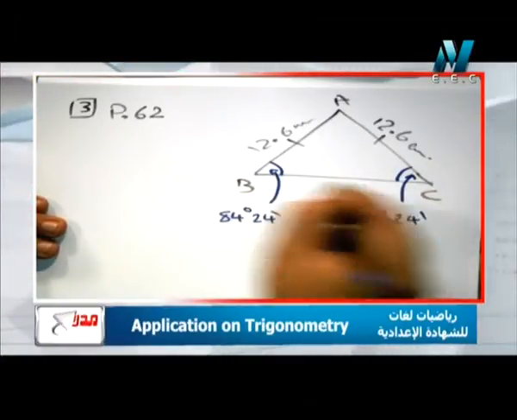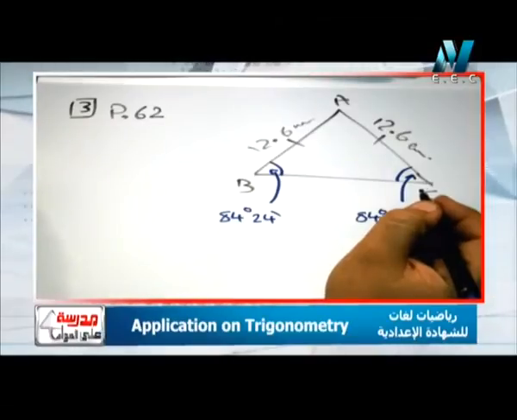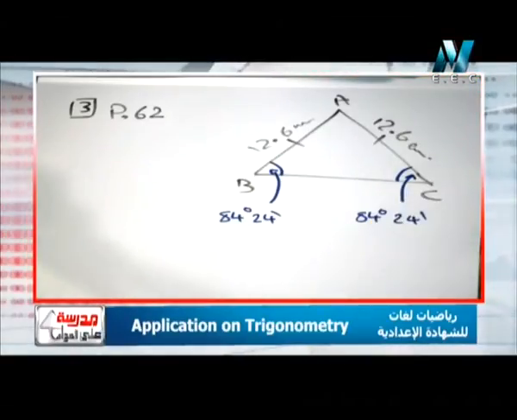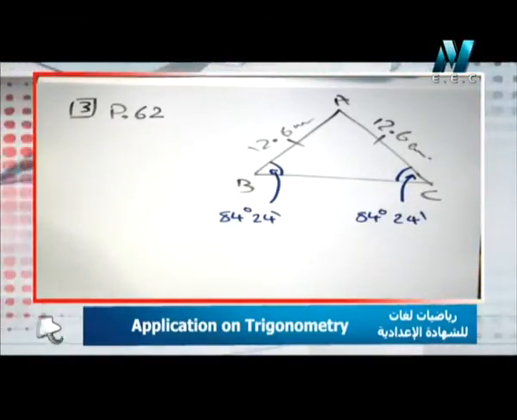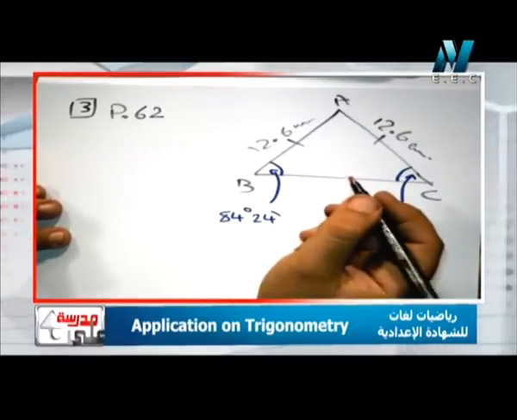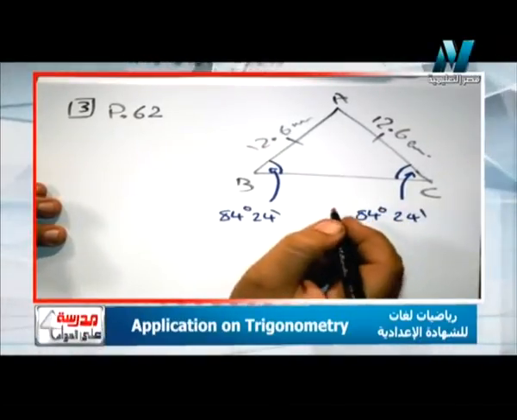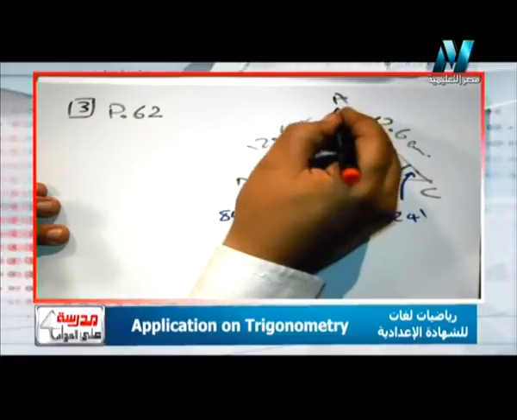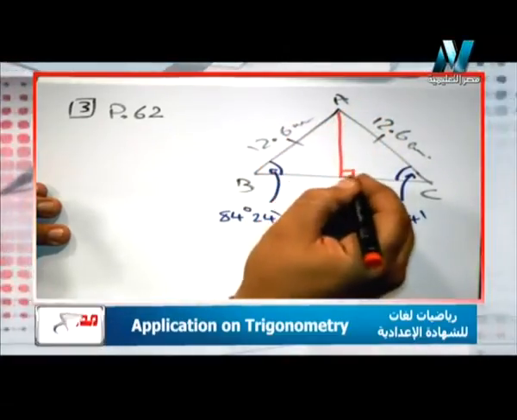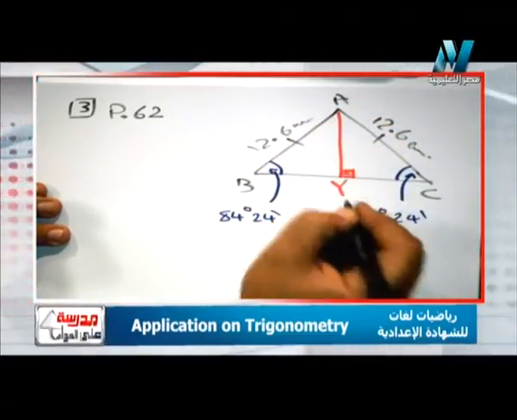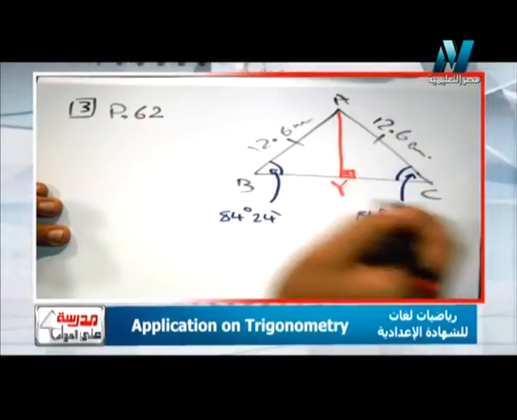If I want to find the length of BC, I'm going to use the trigonometric ratios. So I have to construct a line that forms a right angle triangle. I'm going to draw a perpendicular line from A and name this point Y. So this is a right angle triangle.